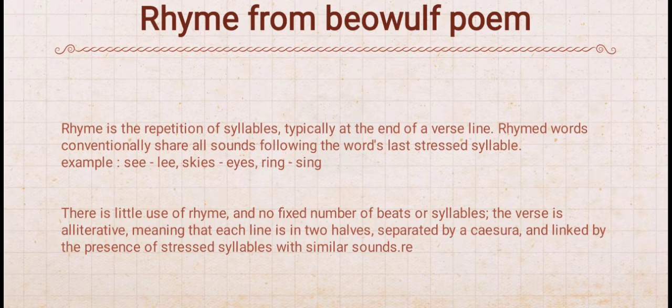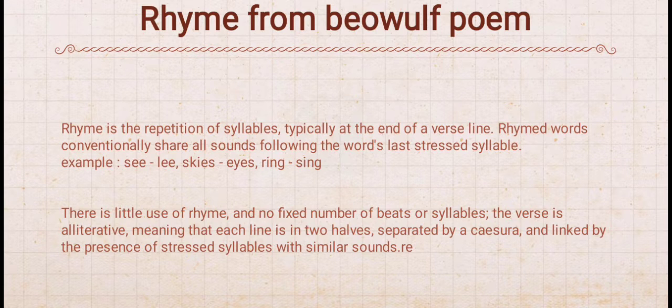And the second is rhyme from the Beowulf poem. Rhyme is the repetition of syllables, typically at the end of a line. Rhyme words conventionally share a sound following the words' last stressed syllable.